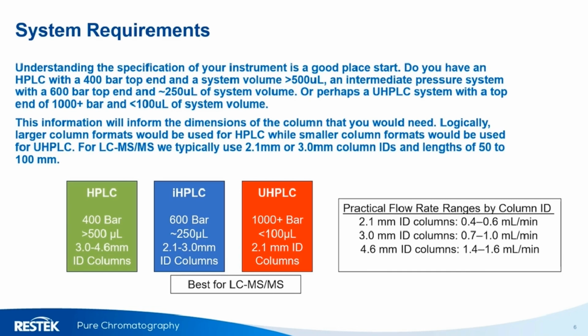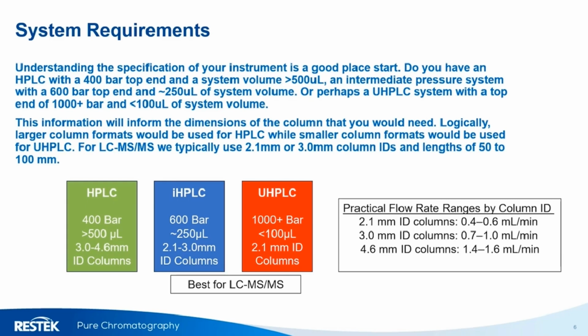So if we're putting less solvent into the mass spec that we have to evaporate and desolvate, then we can get higher efficiencies in our ionization. So going to these smaller dimensions like the 2.1 or 3.0 millimeter ID systems and coupling those to LC-MS, we can achieve these lower flow rates.